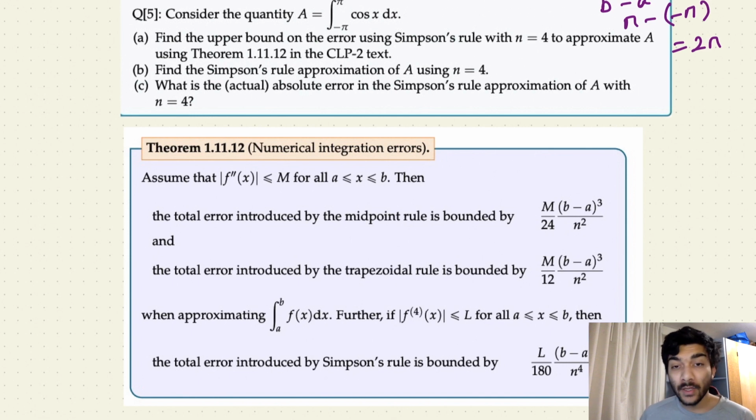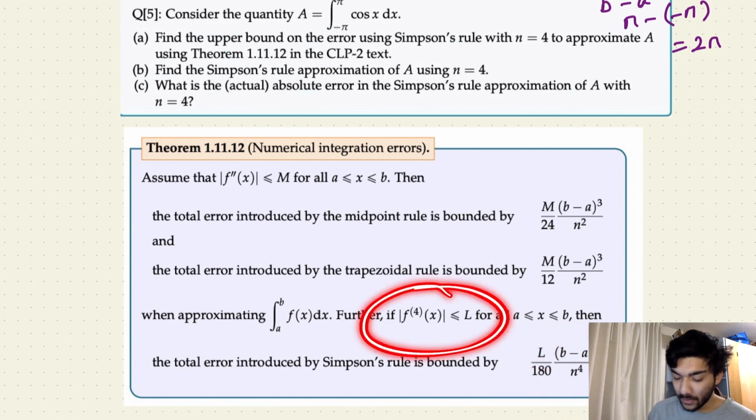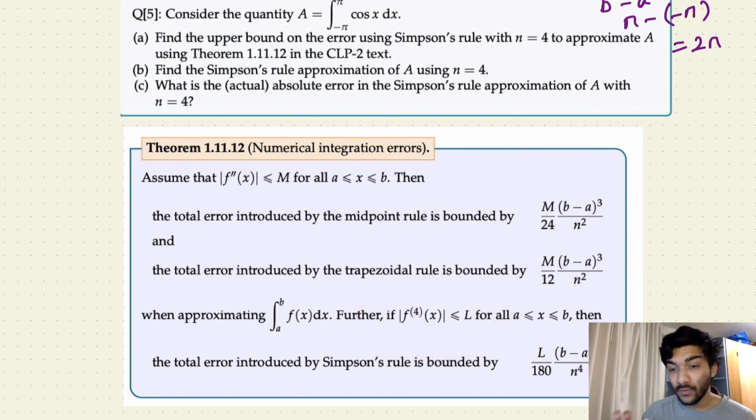So that's it for this video. Again, the main takeaway from this video is that whenever you have to calculate the upper bound on the error using Simpson's rule, you always use this formula. And before using this formula, you should know the value of L. In order to calculate the value of capital L, you'll find the maximum value of the fourth derivative of f(x), indeed the maximum value of the absolute value of the fourth derivative.